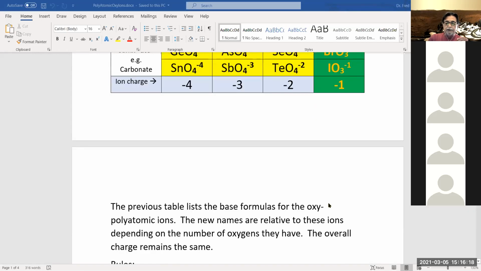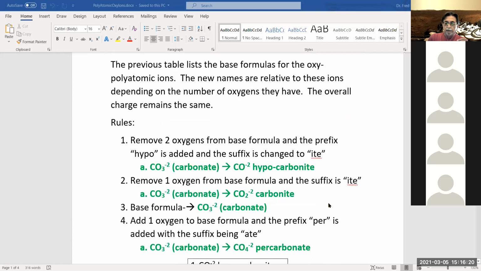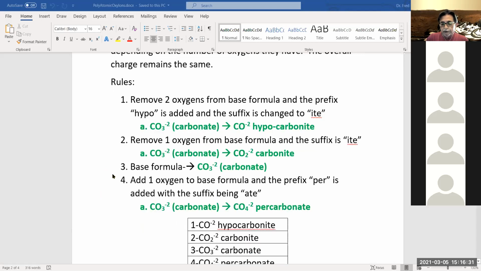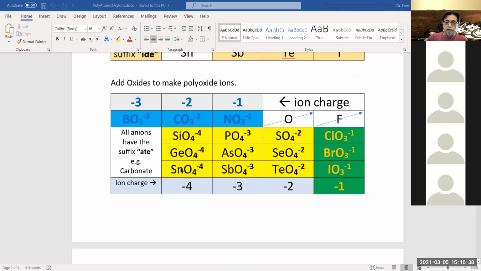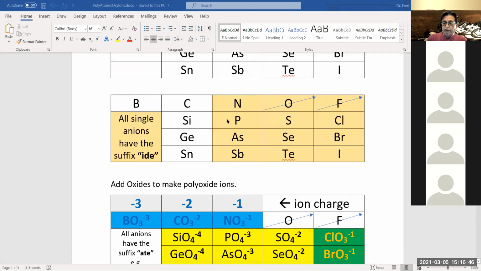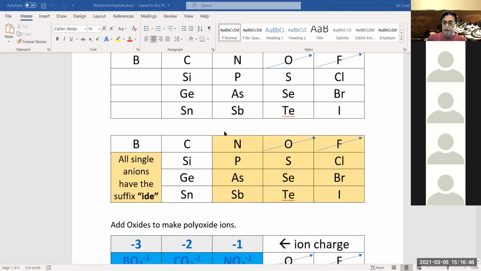Now, what can happen is, when we remove oxygens or add oxygens, we change the name. So if you start, for example, the rules, if we start with number 3, we're going to use carbonate as an example. Carbonate is right up here in blue, CO3 -2, okay, that's carbon. This is the periodic table that we started off with.